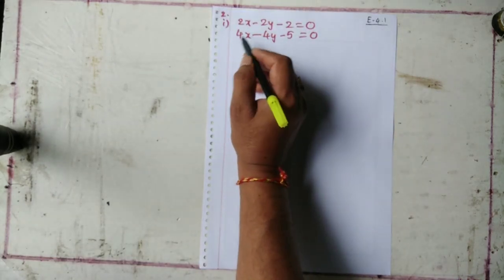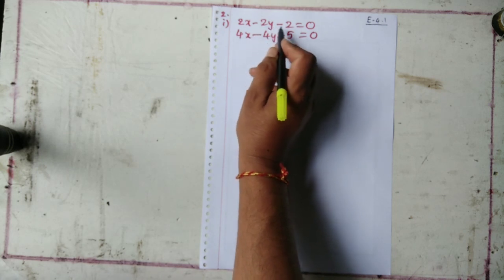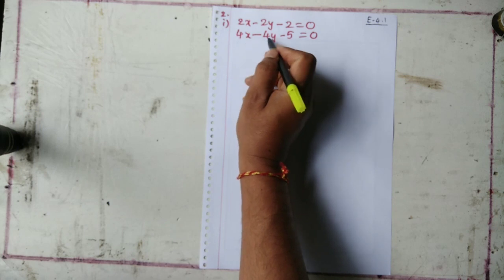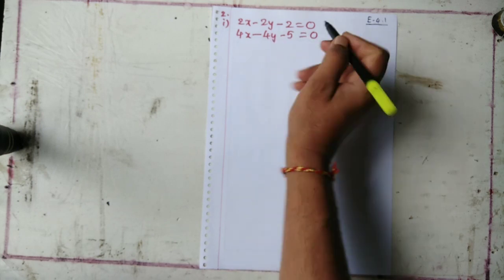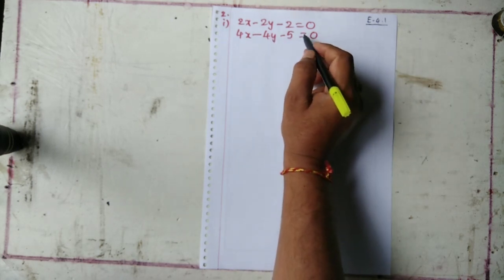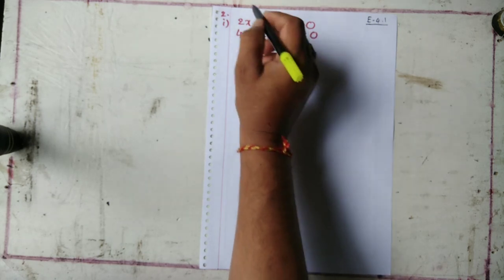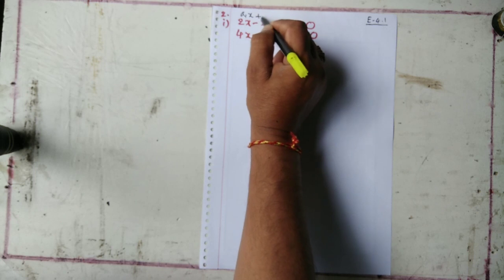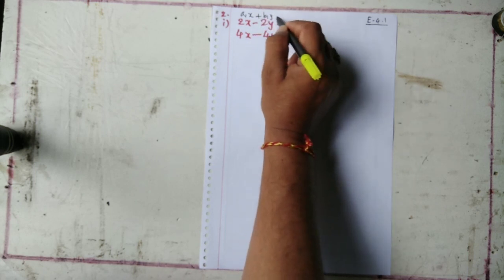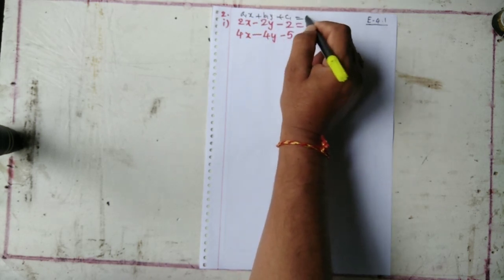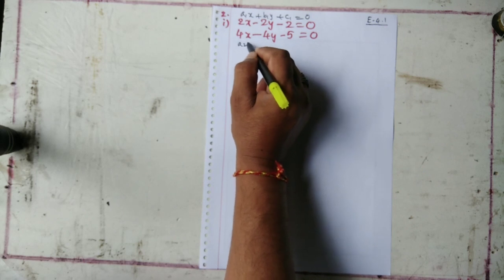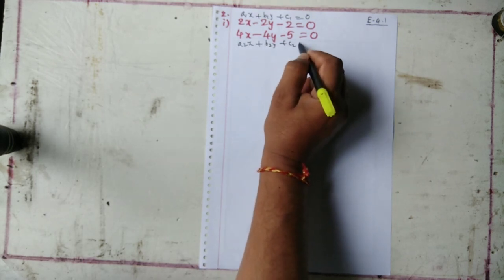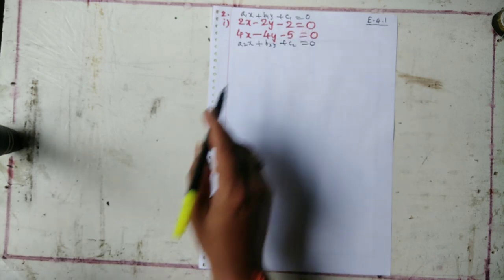Second bit I, 2x minus 2y minus 2 is equal to 0, 4x minus 4y minus 5 is equal to 0. On comparing these equations with the standard forms, a1x plus b1y plus c1 is equal to 0 and a2x plus b2y plus c2 is equal to 0.